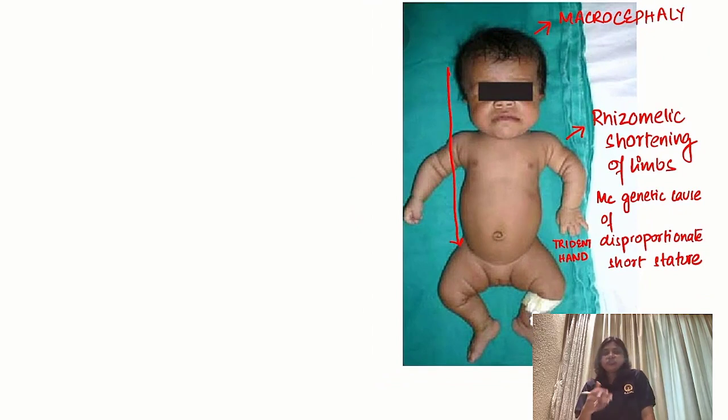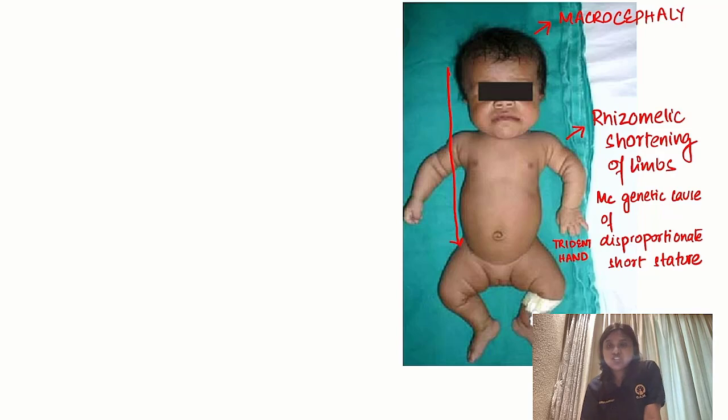Usually, when these children grow up, you might find them in the circus, usually as jokers, and of course, it doesn't mean that the jokers in the circus are mentally retarded. They usually have a normal IQ, normal cognition. So these two points are very important regarding this condition: normal IQ and normal lifespan. Yes, you're right.